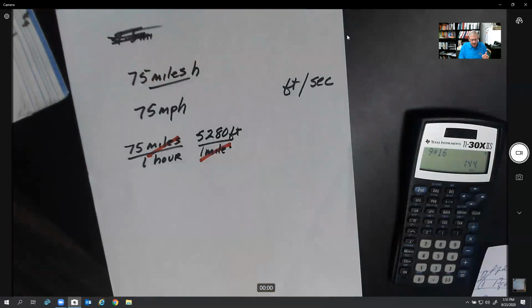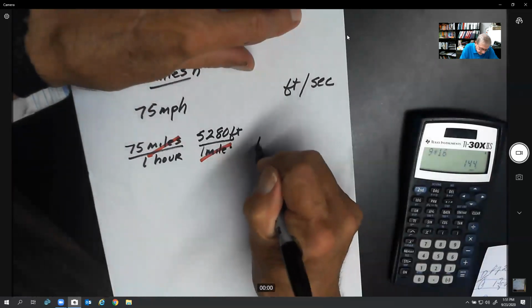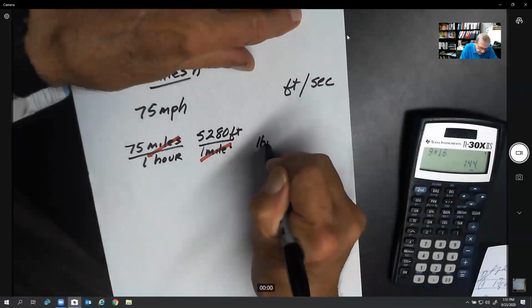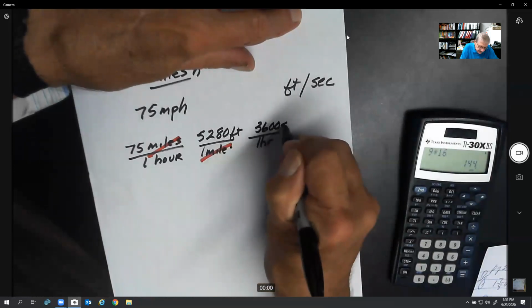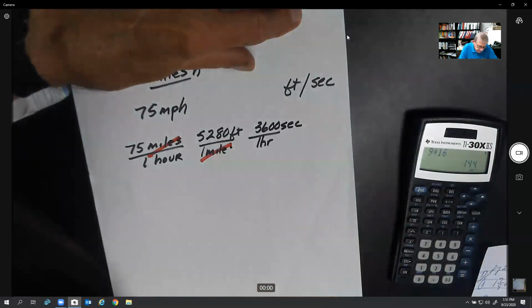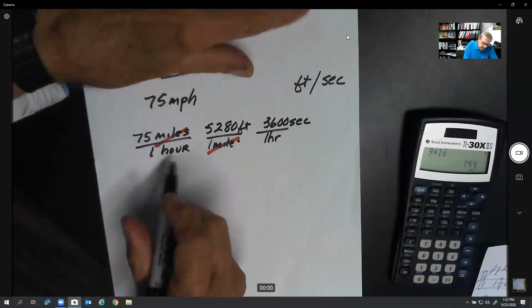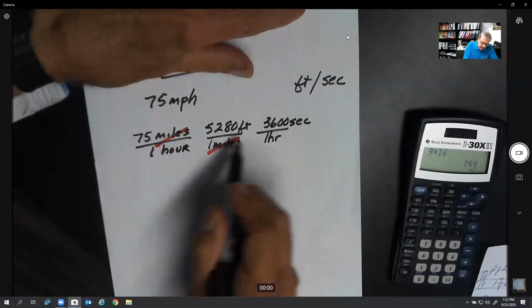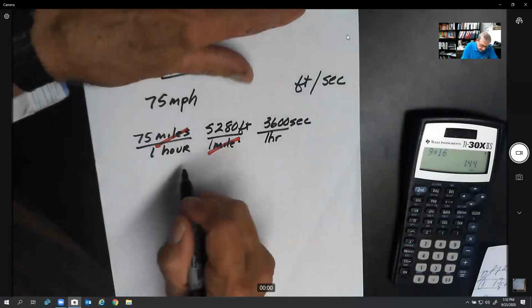Well, we can do a whole bunch of conversions, but I'm going to help you out a little bit. 1 hour is 3,600 seconds, believe it or not. But see, if I do it this way, hour isn't going to cancel out hours, is it? So that doesn't sound right.